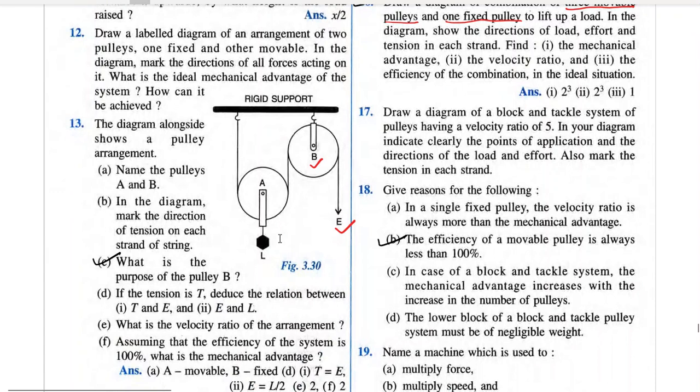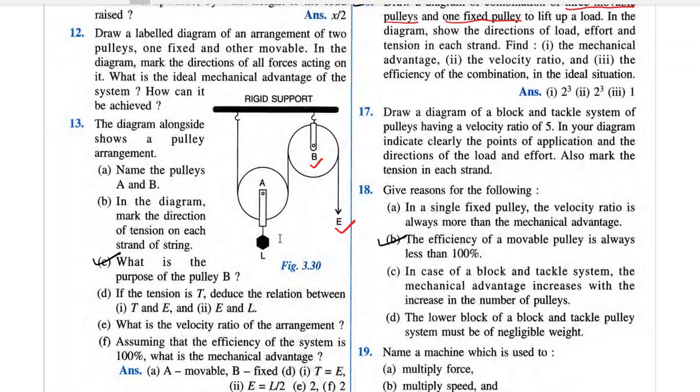Question number 18. The efficiency of movable pulley is always less than 100%. What is the reason? See, efficiency of movable pulley is always less than 100% because some work done is always lost in overcoming the force of friction between the movable parts of the pulleys, between the axle and the pulley, between the ropes and the pulley, and also due to the weight of the pulley, we have to apply more effort.